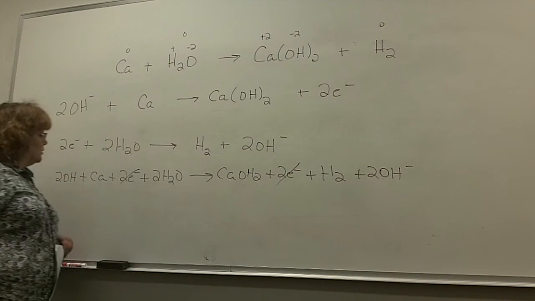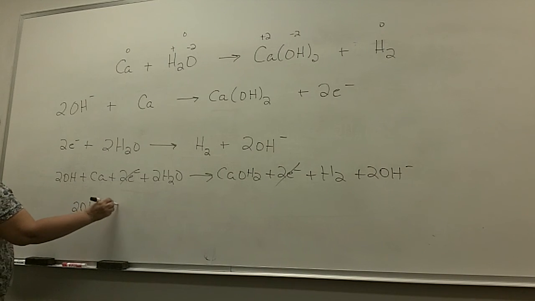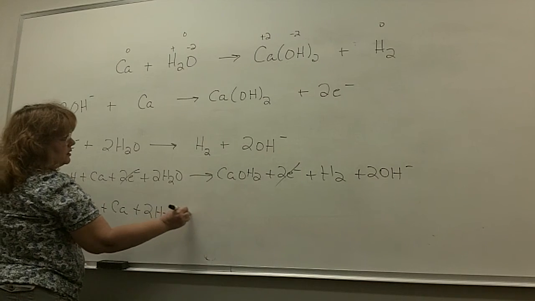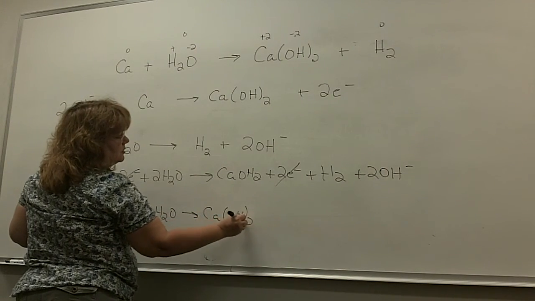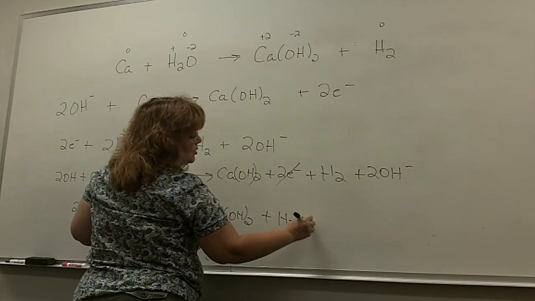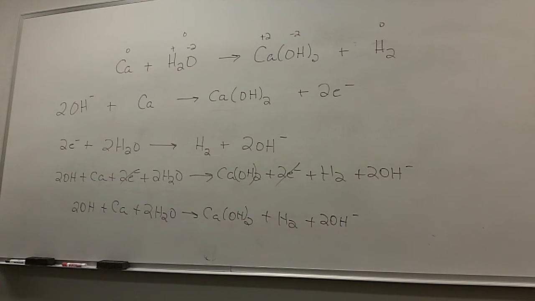So the whole thing is 2OH plus Ca plus 2H2O equals Ca(OH)2 plus H2 plus 2OH negative. So in acids you add water or hydrogens, in bases you add OHs.